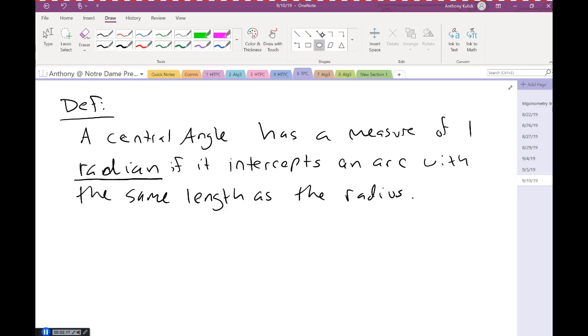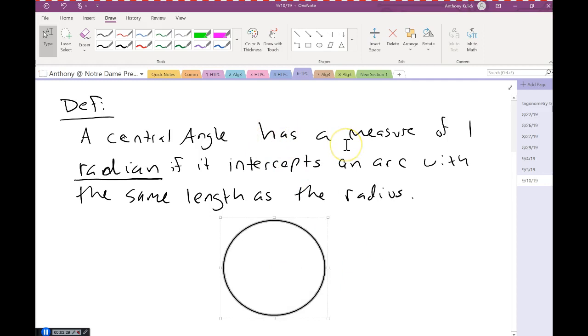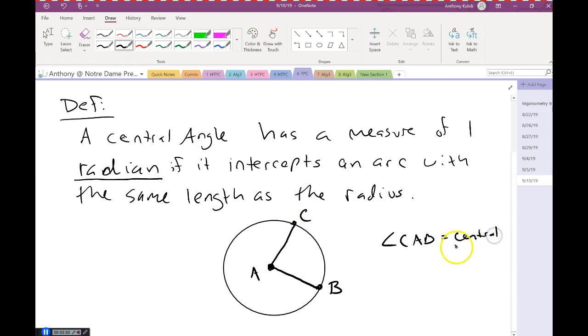So when we say central angle, what are we talking about? We're saying that if I have a circle and we make an angle whose vertex is the center of that circle, so angle CAB is a central angle. Everybody okay with that idea?